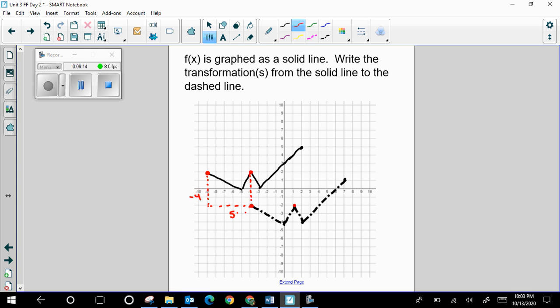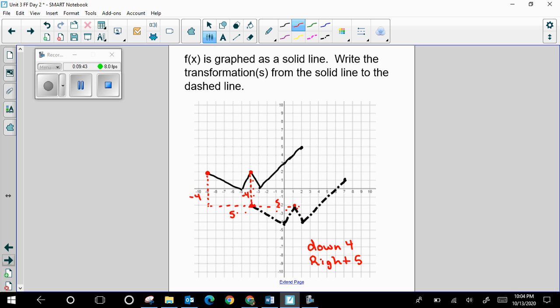So if I go down and over, it looks like the same transformation. 1, 2, 3, 4. And right 1, 2, 3, 4, 5. So the transformation is down 4 and right 5. So that was pretty simple.